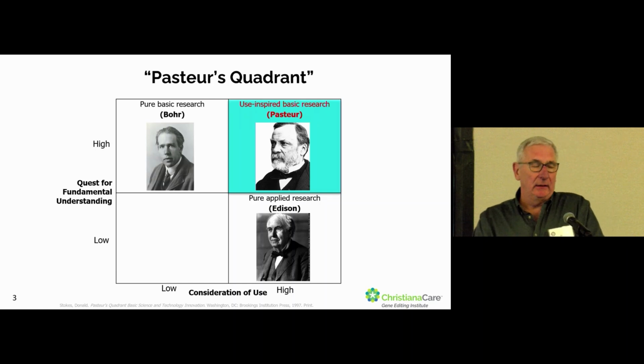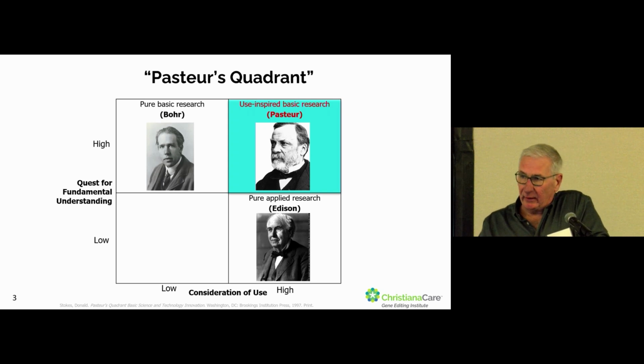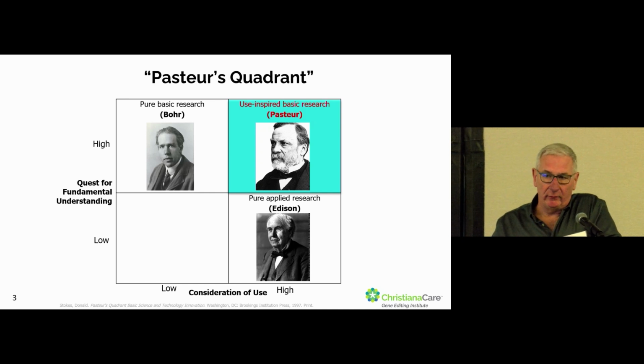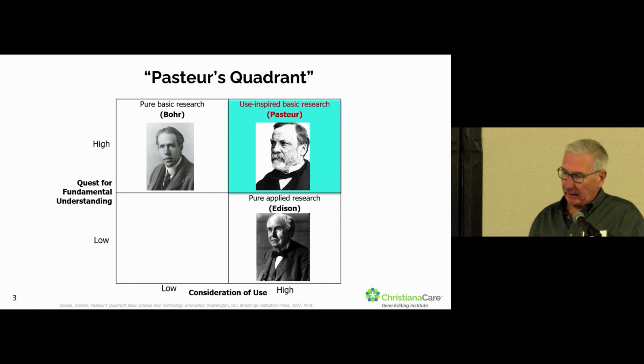This is actually a famous quadrant from Donald Stokes. It's called Pasteur's Quadrant, and it defines science into four different blocks. The first is considered to be the quest for fundamental understanding, and Niels Bohr is a good example of that. Bohr was more interested in pure basic research and understanding how things really work.